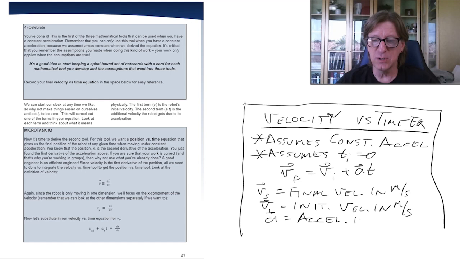So this is the acceleration in meters per second squared. And then finally, this is important, T is the elapsed time. And I misspelled elapsed there. Let's try that again. Is the elapsed time in seconds.